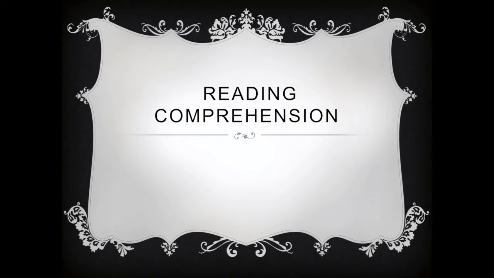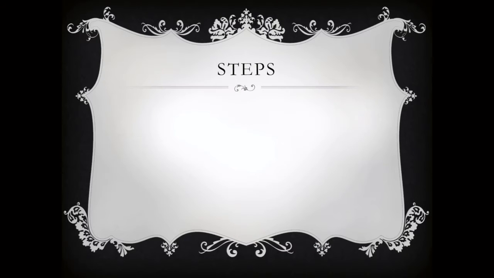So reading comprehension, or the comprehension of reading. Now we're going to be outlining a number of steps here. First thing is that you need to use an English dictionary. Students have all kinds of dictionaries, and that's fine, but the most important aspect is that it is an English dictionary.